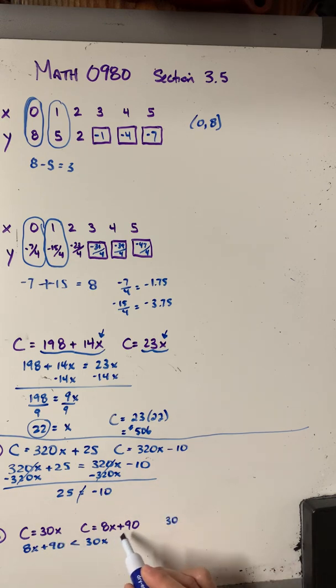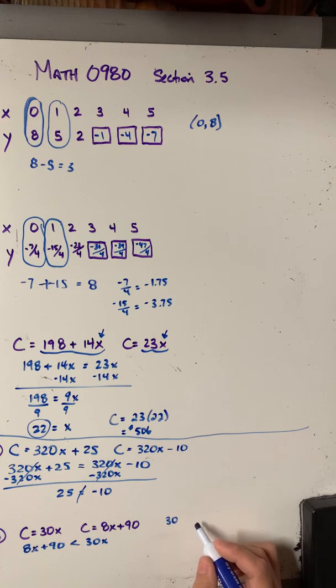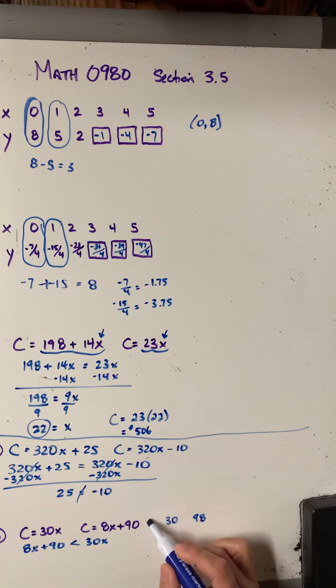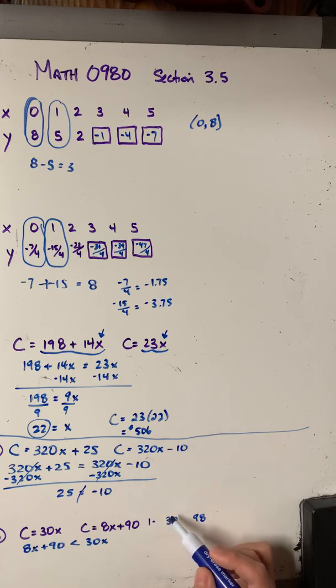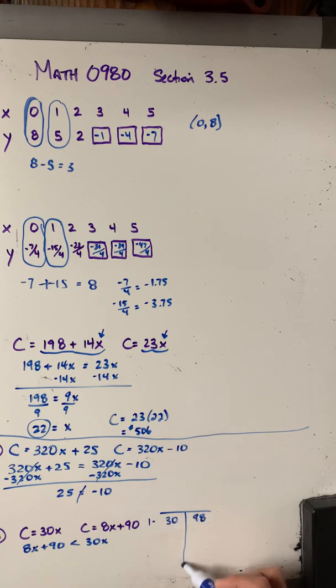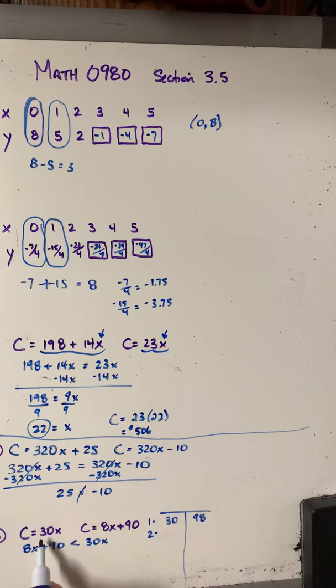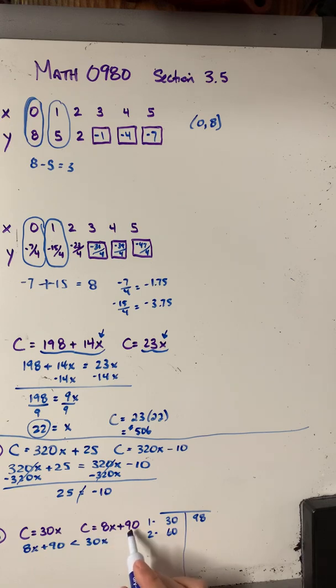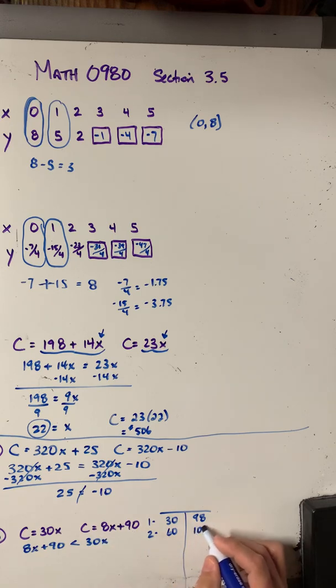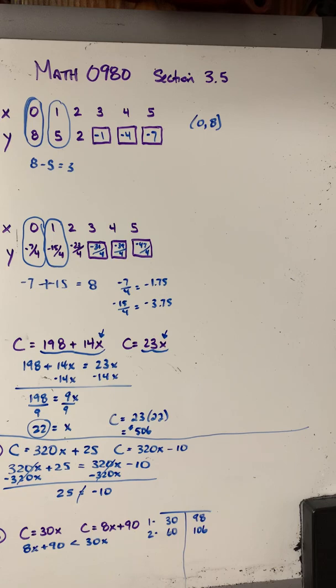But this is going to be 8 plus 90, which is 98. So it's cheaper for 1 day to rent without that initial fee. What would 2 days be? So 2 days would make this $60 to rent this car. 2 times 8 is 16 plus 90 is 106. So it's still cheaper for 2 days to go with this method, right?